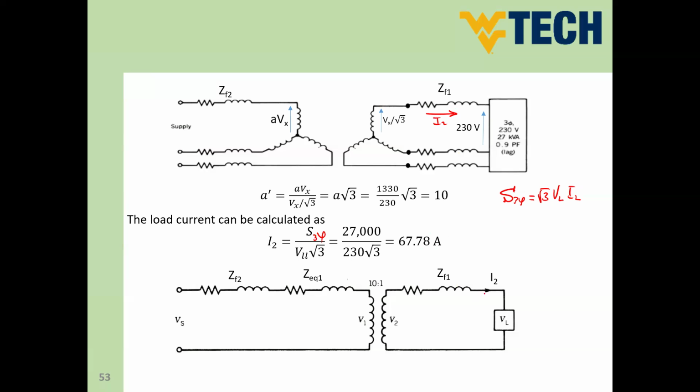So this is I2, and this is VL, which is 230 volt. But if we convert this to a single phase, this would be line to neutral, so it would be 230 divided by root 3. This is our line current. For the Y connection, you know that line current is similar to phase current.